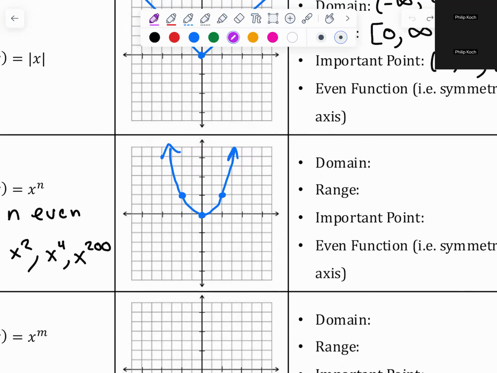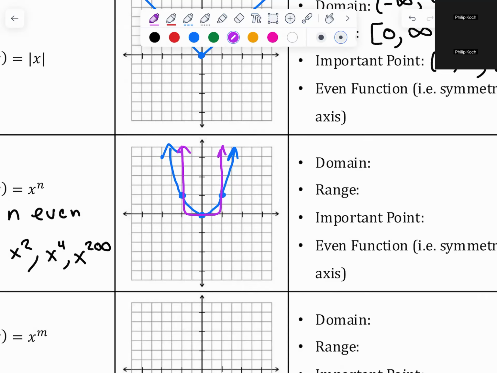And then if you get to x to the 200th, it'll almost look like this. So they always form this U shape. It's just when you go into higher degree powers, it looks more and more jagged. If you're talking about x to the 2000th, it will look like it's two vertical lines, but it's not actually.